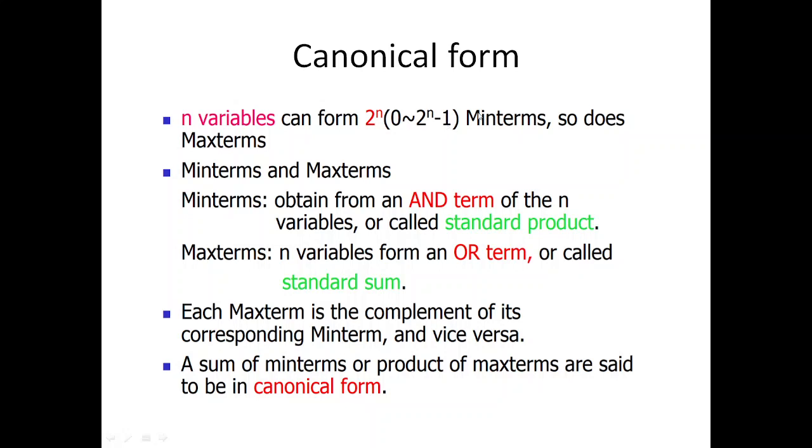The same should be followed for max terms also. For example, if the number of variables is 3, n equals 3, and the total number of min terms is 2 power 3, which is 8. So totally we will have 8 min terms.